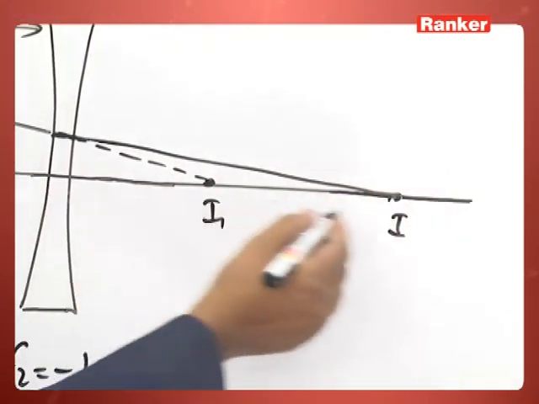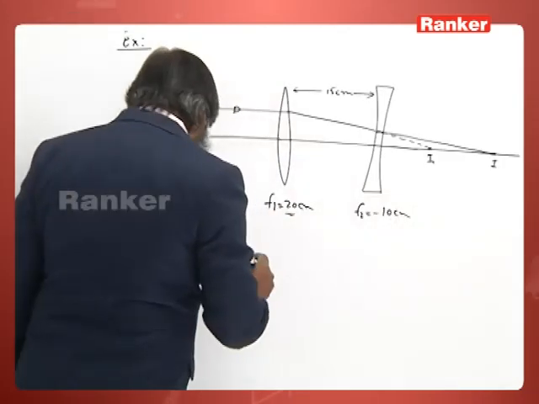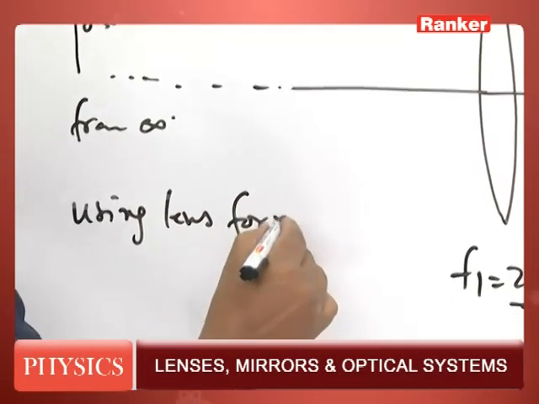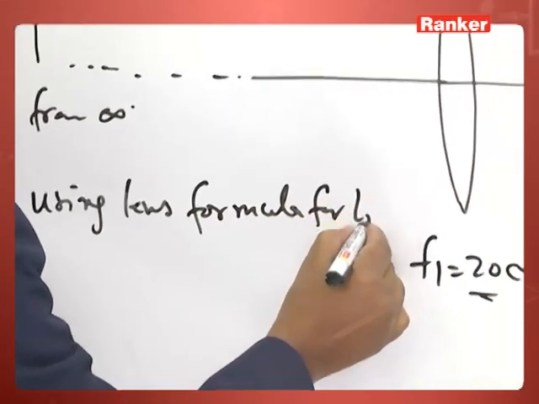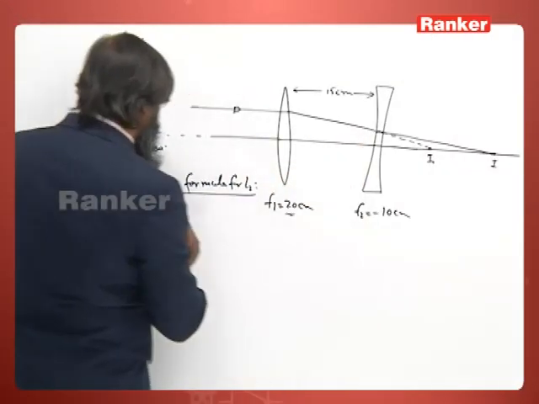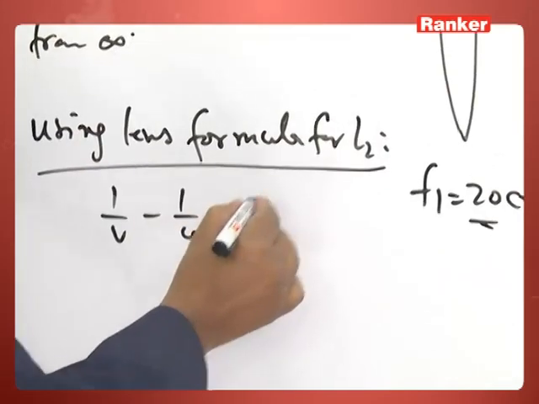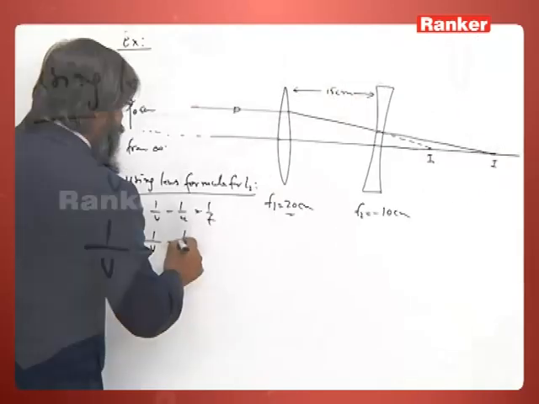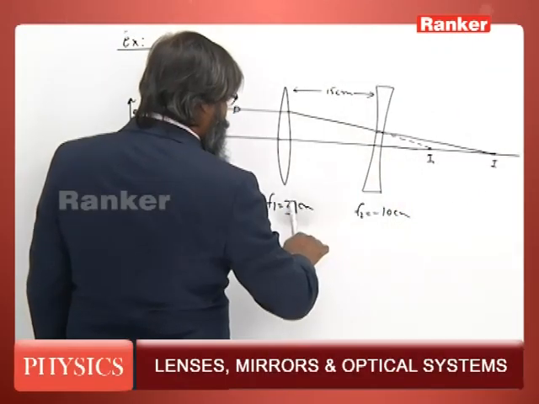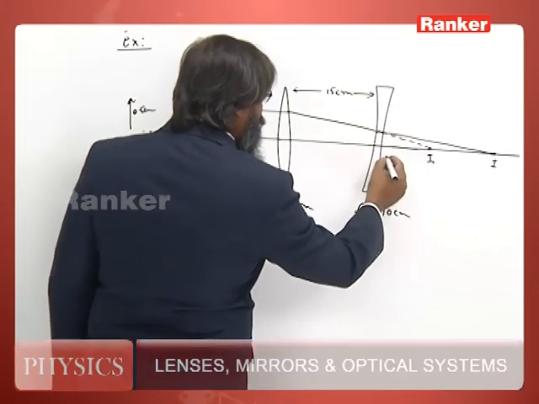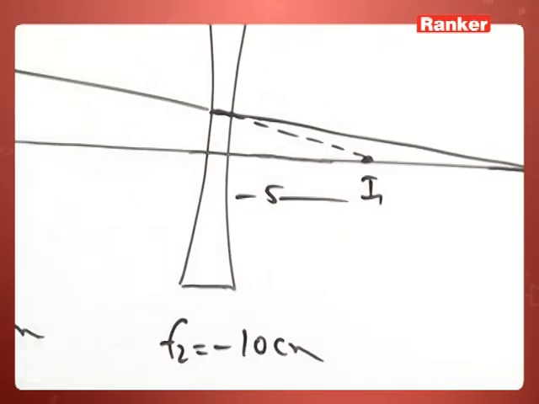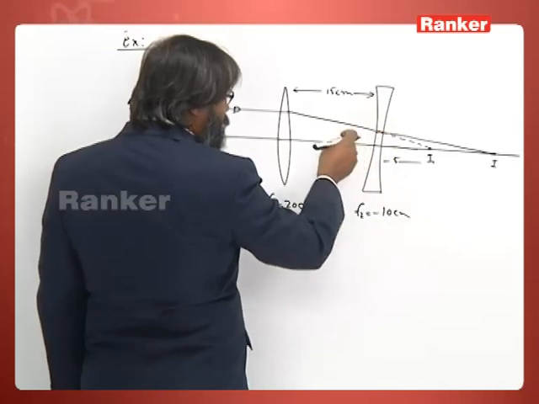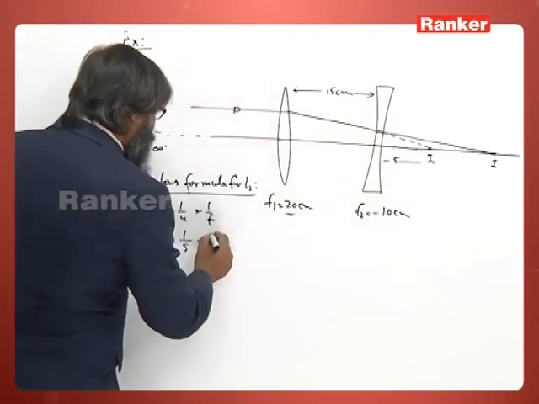Let us first calculate the position of the image. So, using the lens formula for L2, the second lens, 1 by V minus 1 by U is 1 by F. V has to be determined. U is this distance, that is, this is 20, this is 15, so this is only 5 centimeter, so plus 5, and the focal length is minus 10.